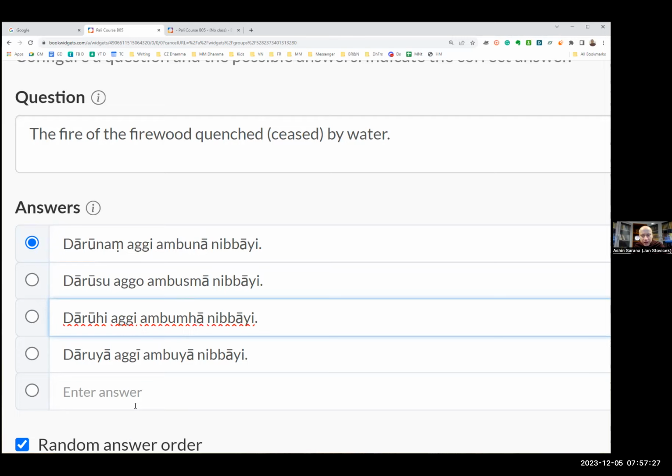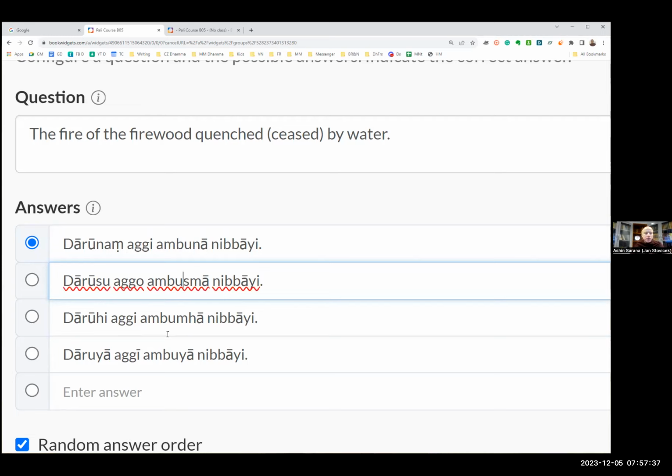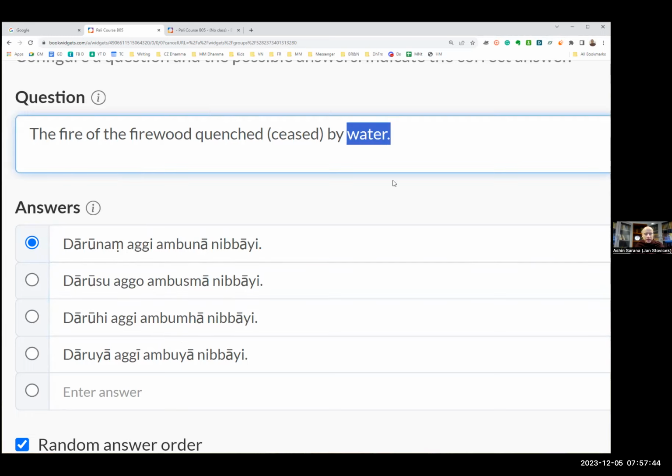I don't see that. Embusma is also not really a word. And the second, it's a word. It's definitely a word. Ambumha, ambusma is the same thing. Okay. And ambu is water. We have that lesson. Do you know that ambu is water? Yeah, you got it.